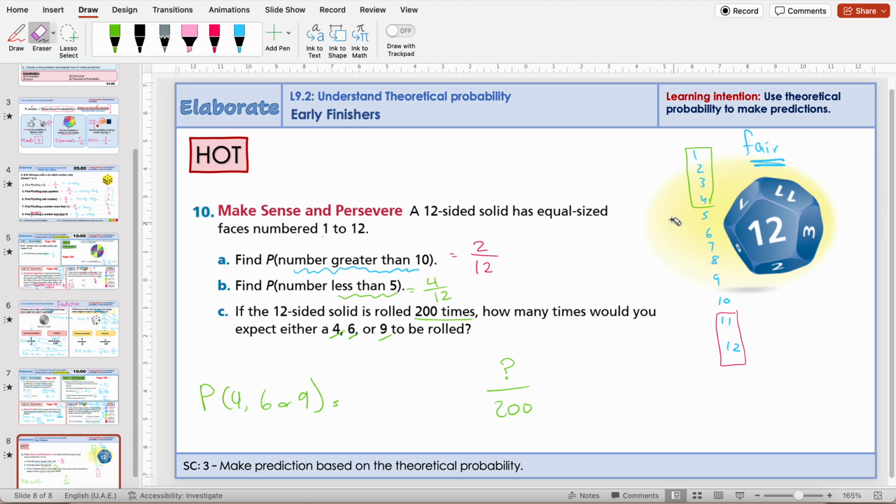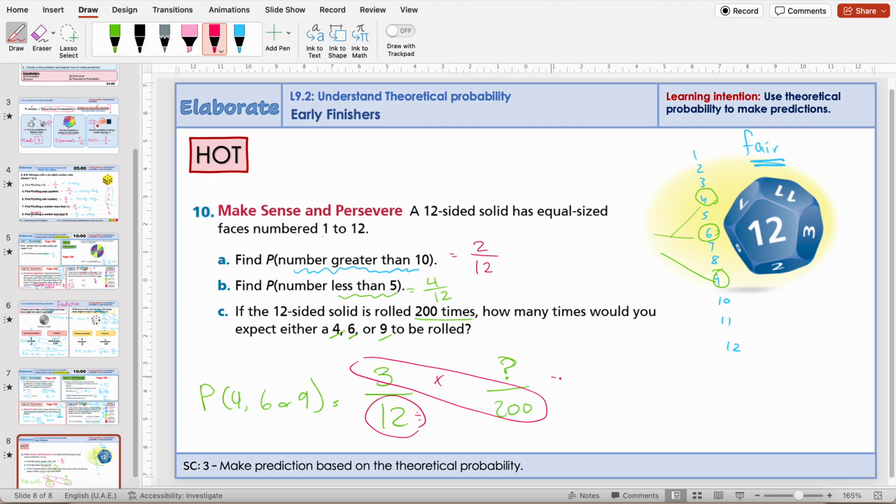First of all, I have to find the probability of rolling either 4 or 6 or 9. When do we have 4 and 6 and 9? I have 4 one time, 6 one time, 9 one time. So basically they are 3 out of 12 all possible outcomes. I want to see how many out of 200. Butterfly method.